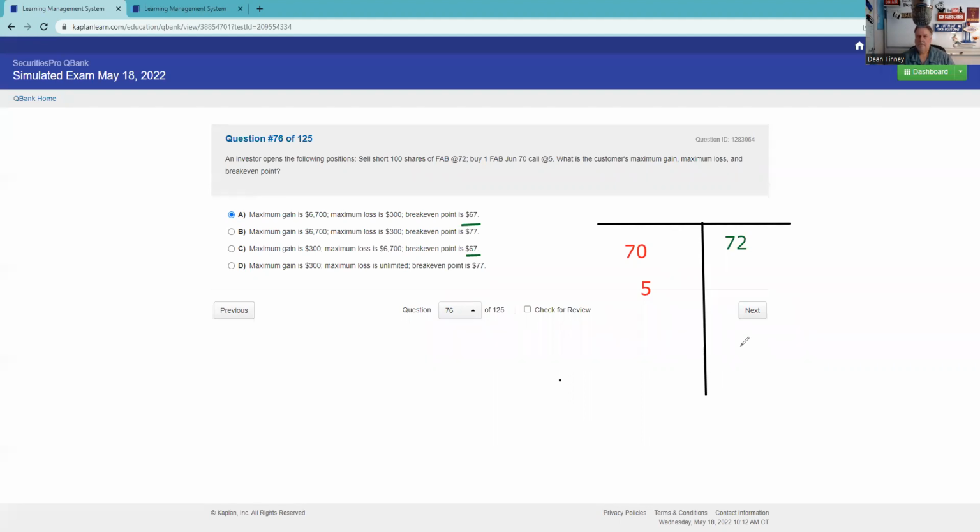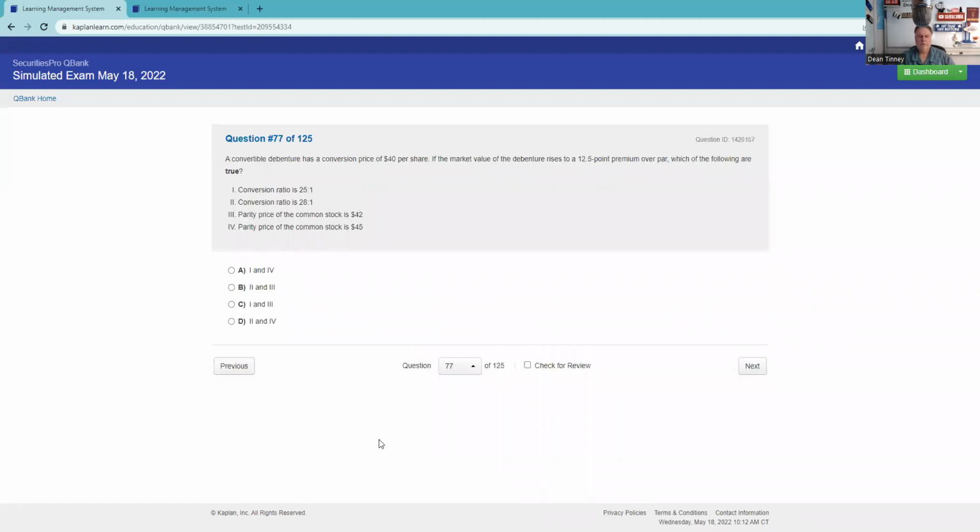Let me clean that up. Convertible debenture has a conversion price. This is super important. You can't do anything when you get the conversion price. You need to establish the conversion ratio. So as a test taker, the minute they say that, I say, hey, hold on, let me get my conversion ratio.